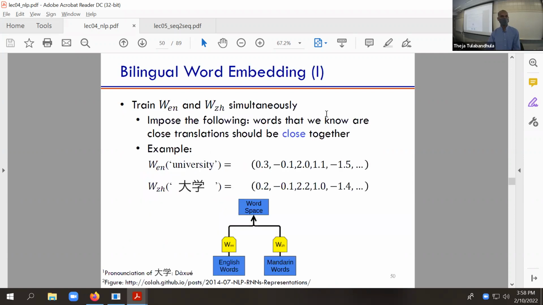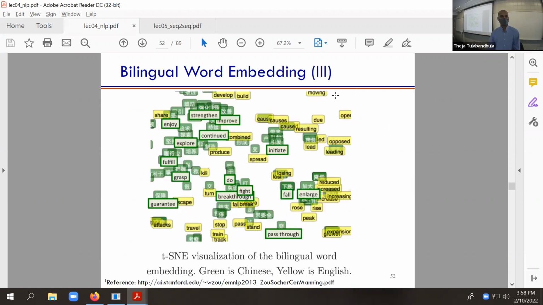There were some other extensions, like getting embeddings of two different languages, two different vocabularies, and embedding them into the same space. That can be useful for a very naive translation, and so on. So this part of the lecture notes was mostly about extensions to embedding.